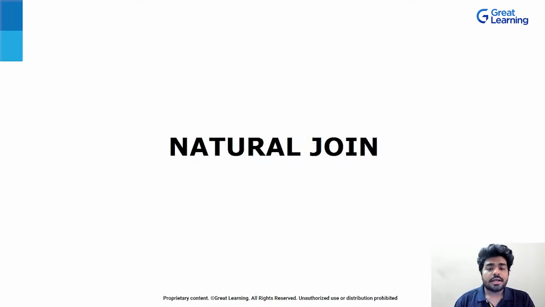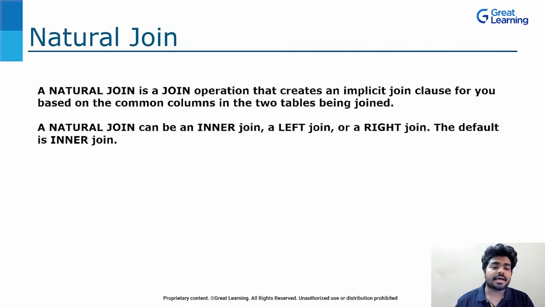Now here we are coming to the new topic, which is natural join. Now understand what natural join is, right? Because in the diagrammatic representation, I did not tell you what it is. So let's understand that. Natural join is a join operation that creates an implicit join clause for you based on the common columns in the two tables being joined.